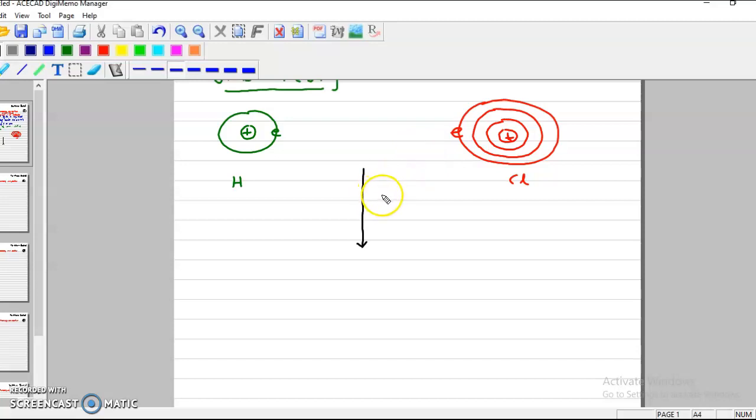One is attraction, another is repulsion. To understand this, first of all, we have to label these nuclei and electrons. Let us call the nucleus of hydrogen P1, its electron E1, the nucleus of chlorine P2, and its electron E2.